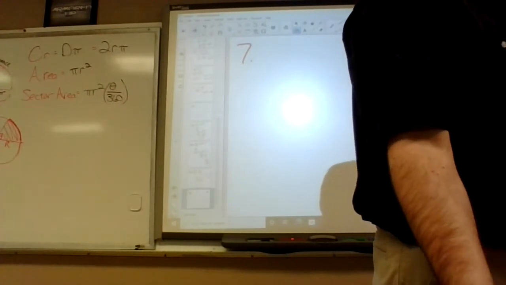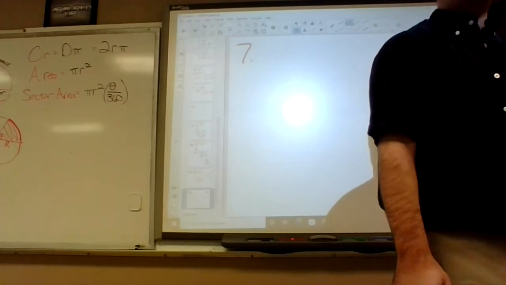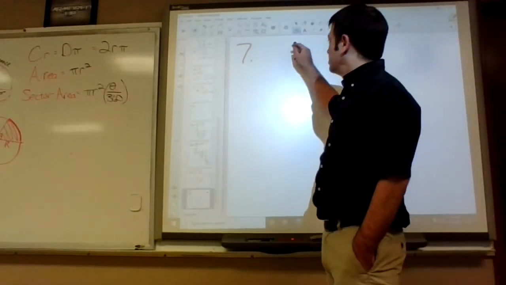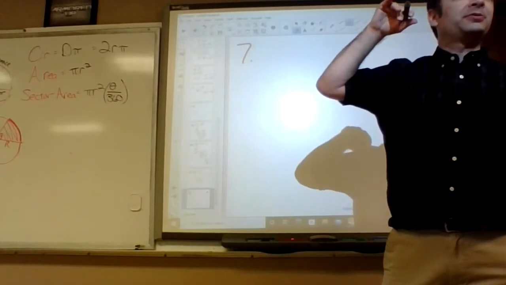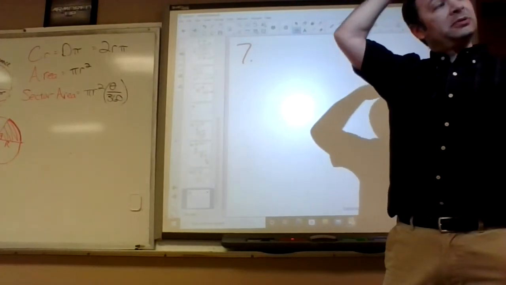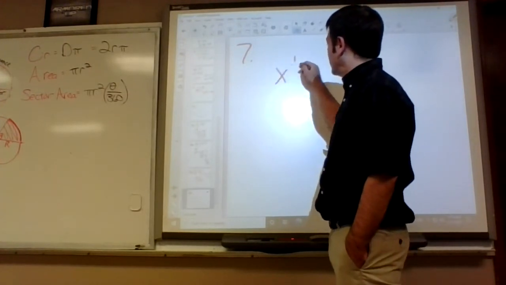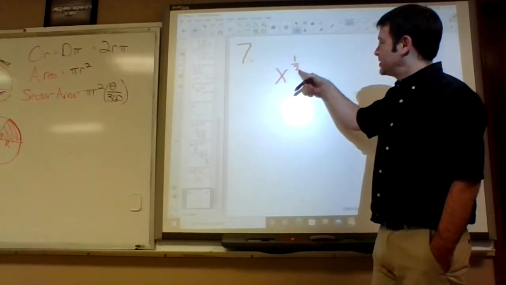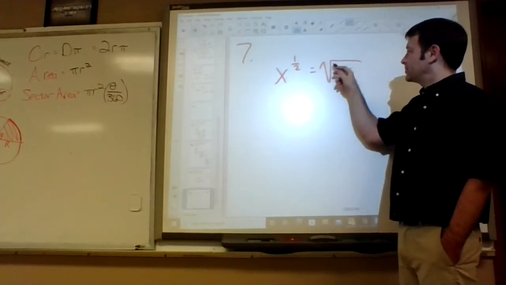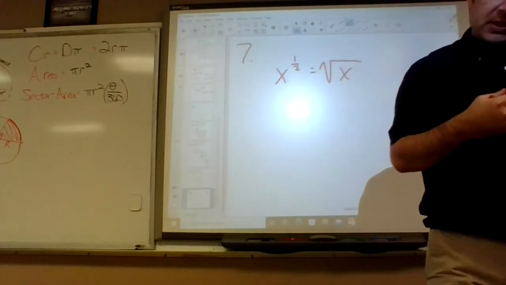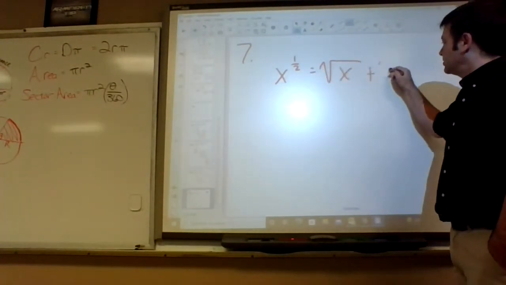Number 7, instead of x to the 1/2, what's another way I could write that? X to the 0.5. Well, that's true, but with the radical symbol, what do we write? Square root of x. You guys remember what x to the 1/2 meant? It means x to the first, to the second root. So basically, it's square root of x, plus 2 equals 9.